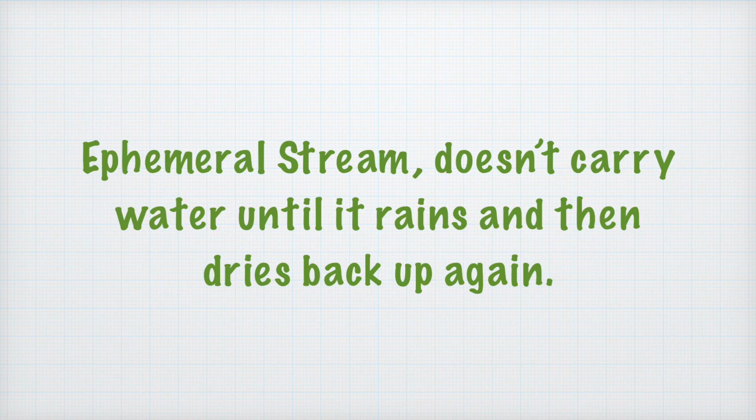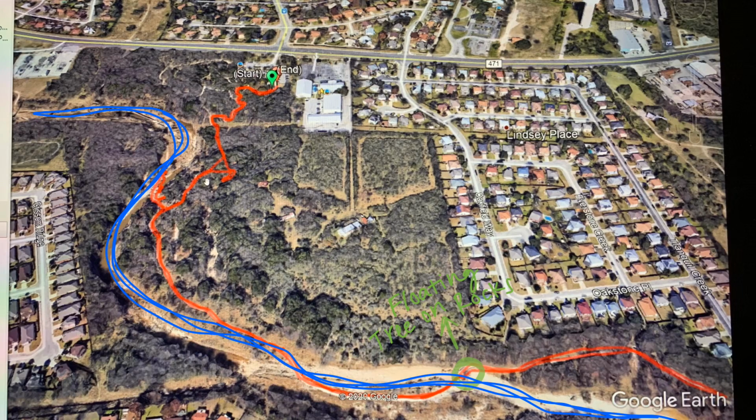This next location that I will be showing y'all is an ephemeral stream that doesn't carry water until it rains and then dries back up again. As you can tell from the blue on the map, that is the ephemeral stream, and all of this stream here is ephemeral because it only carries water when it rains.